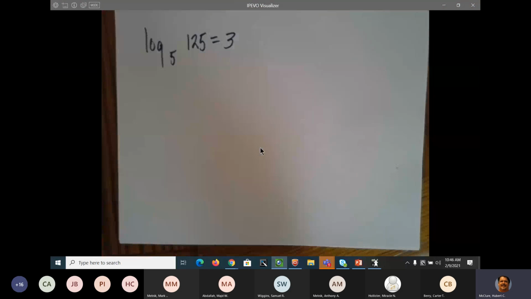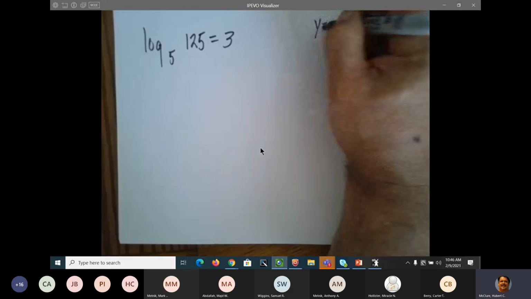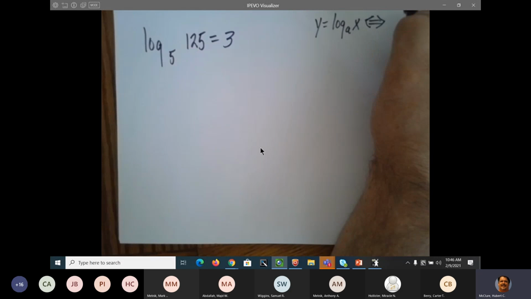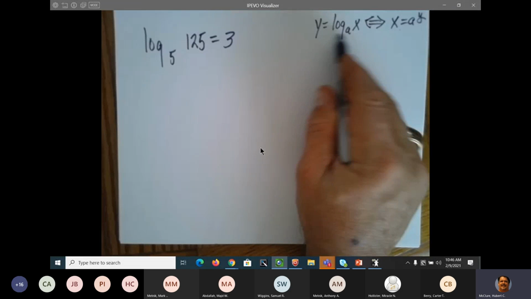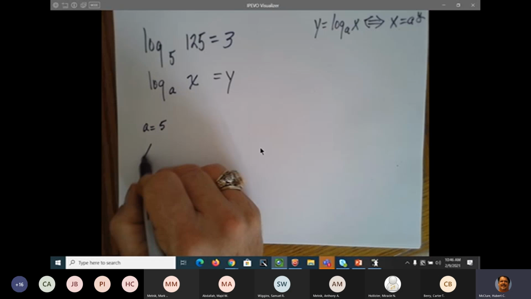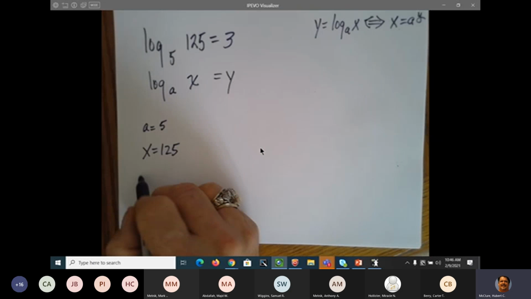The definition of a logarithm says y is equal to log base a of x yields x is equal to a to the y. So which one do we have? We've got log. We got this side. So y is equal to log base a of x. So a is equal to 5, x is equal to 125, and y is equal to 3.